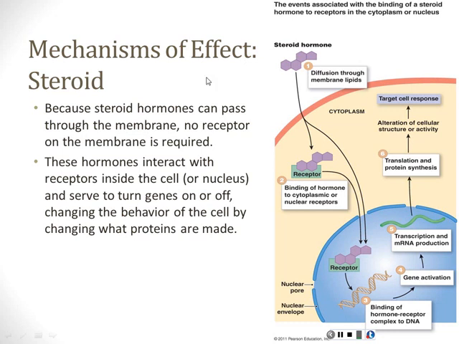So a very common mechanism of effect of the steroids is to trigger a change in gene activation. So this one right here. Once the gene is activated, then it's going to get transcribed into a protein. Different translation of different proteins is going to result in a different cellular activity. All right.